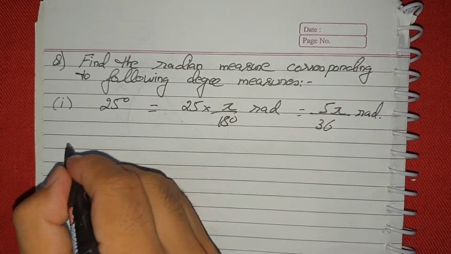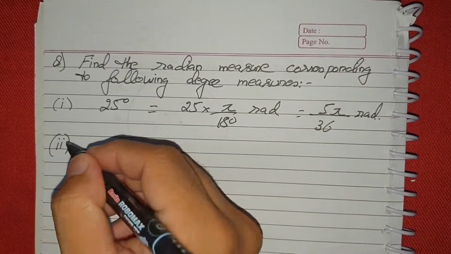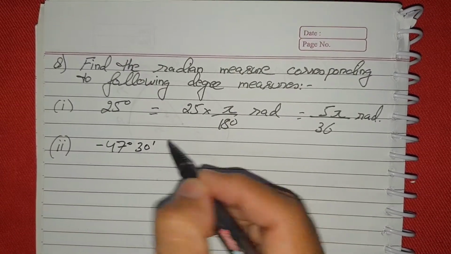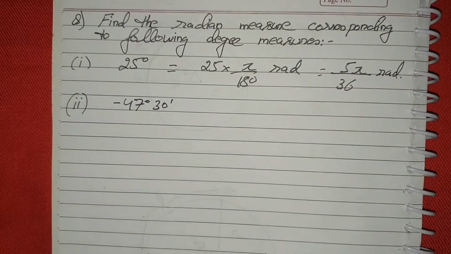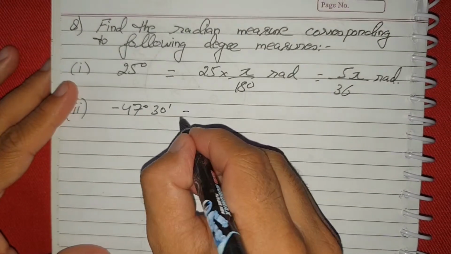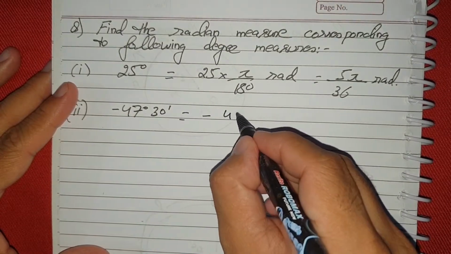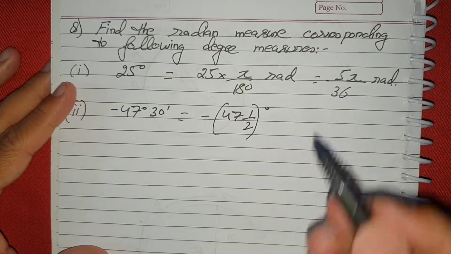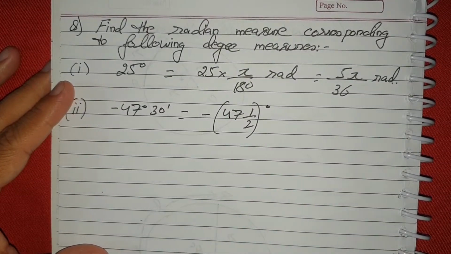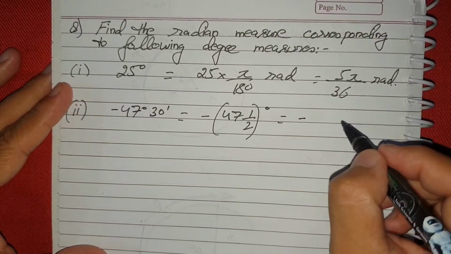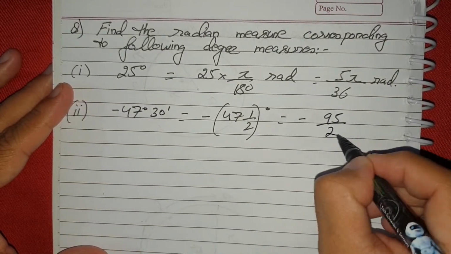Okay, second part. Now they have given minus 47 degree and 30 minutes. See, basically 30 minutes is half of a degree. So you can write this as minus 47 and a half degree, which is basically minus 95 by 2 degree.